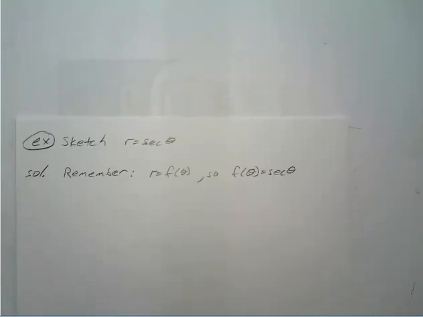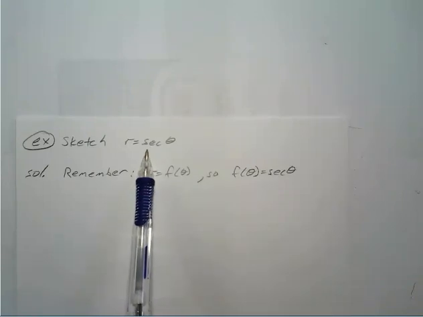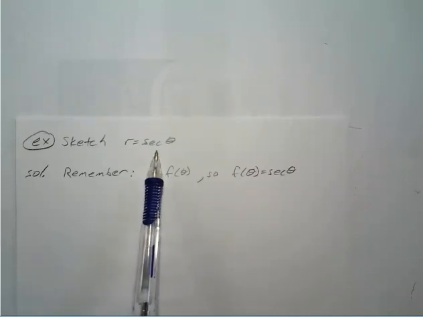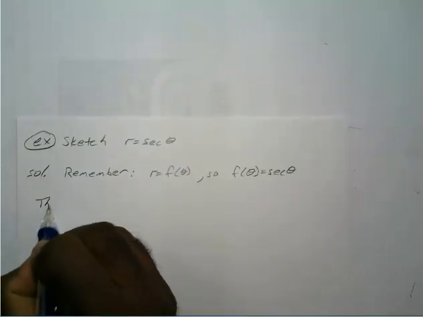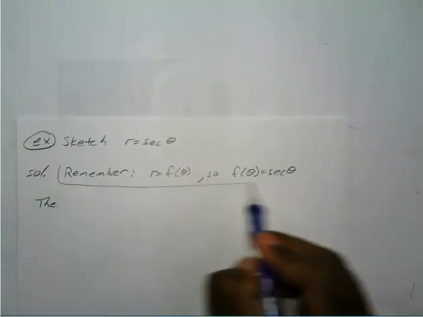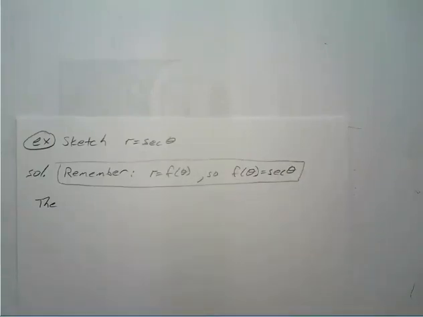Okay, now the one thing about this is this looks really, really complicated. But if you remember your trigonometric identities, you can make this a lot simpler. So that's our little remember note.